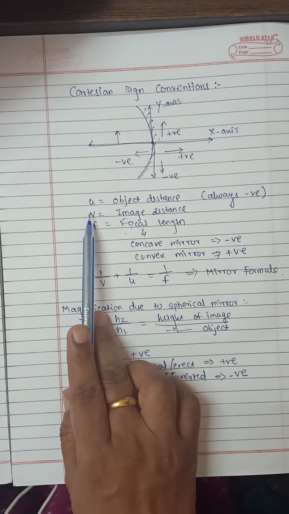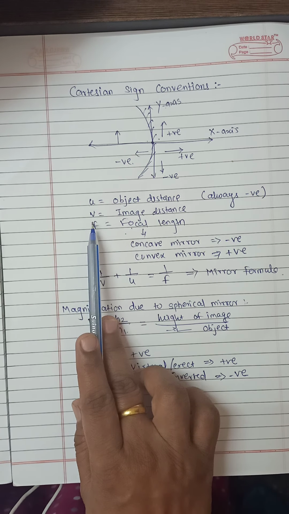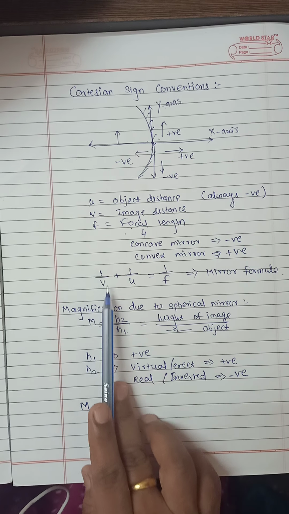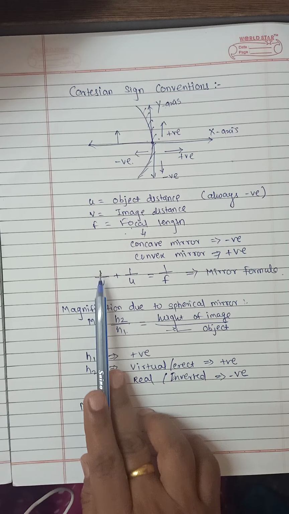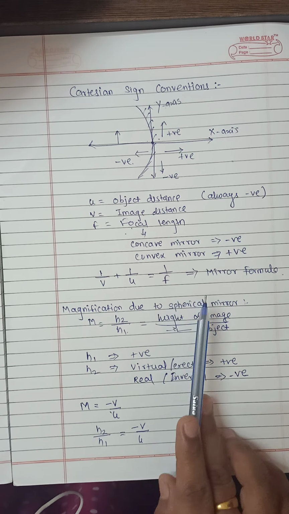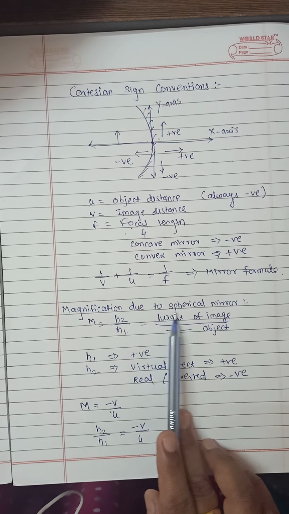Now we have the object distance u, image distance v, and focal length f. The relationship between these three gives the mirror formula: 1 upon v plus 1 upon u is equal to 1 upon f. One more formula is the magnification due to the spherical mirror.